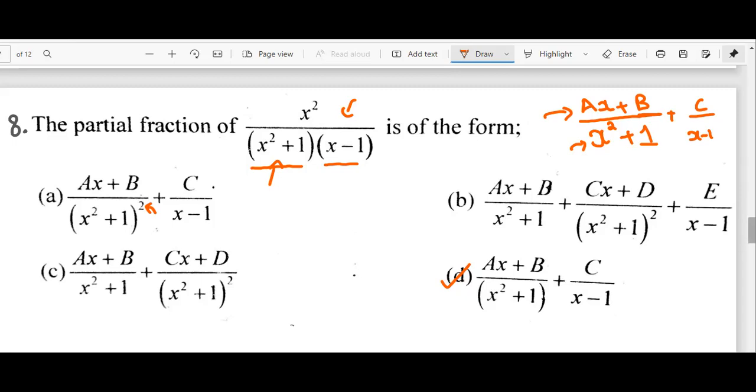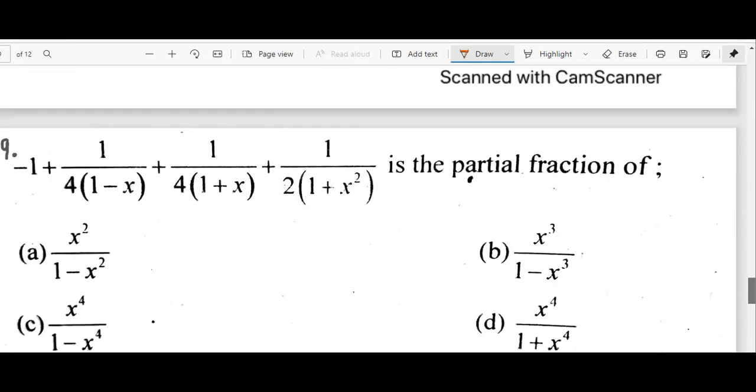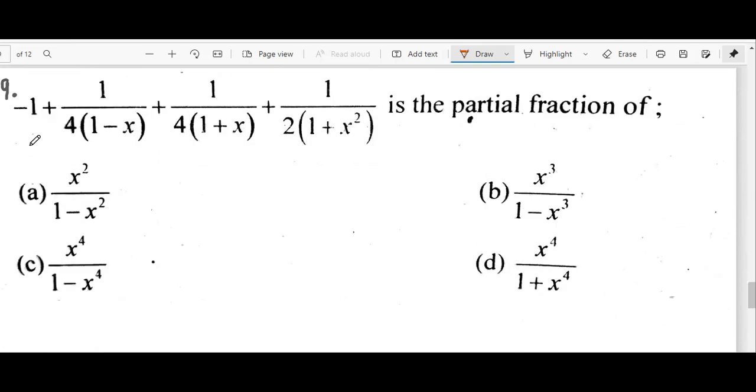Okay. And if we talk about the 9th question, we have these fractions and they're saying this is the partial fractions of, okay. Now we need to focus again on the denominator only, right? Forget about these 4s and this 2, okay?